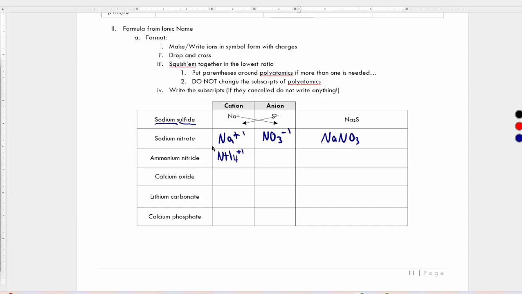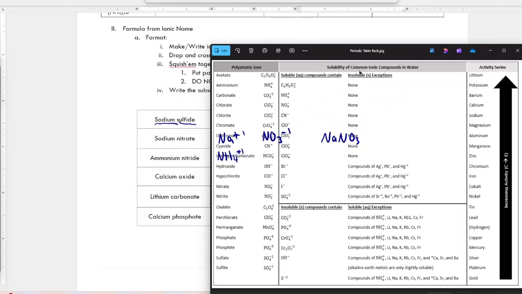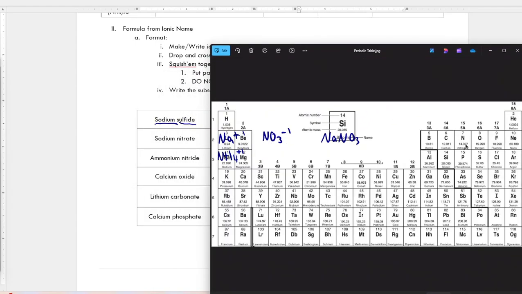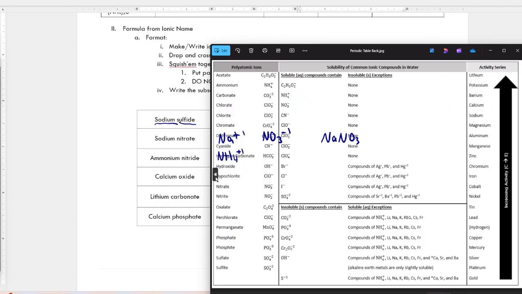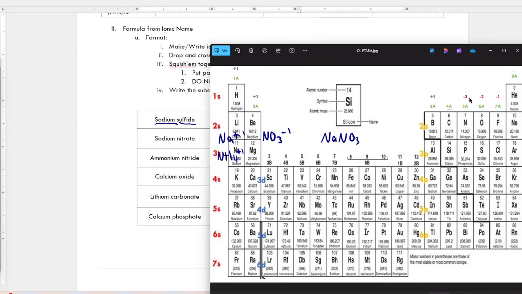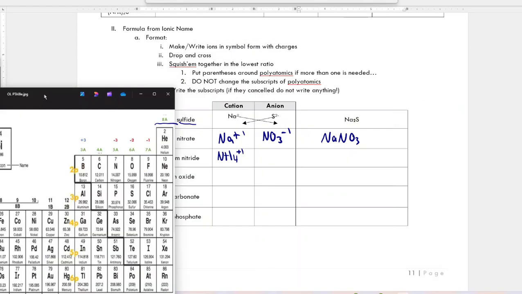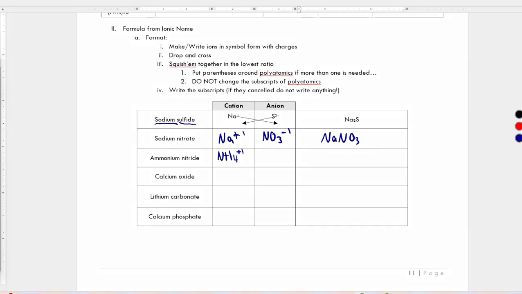I know there's nitrate and nitrite and all these other nitros in there, but nitride's the original one. Nitride is just nitrogen. Nitrogen's right there, and if you look on your periodic table, you'll see that nitrogen has a charge of -3. So let's use that.